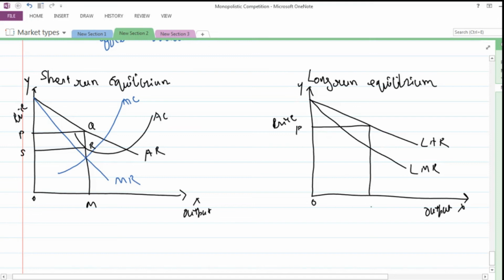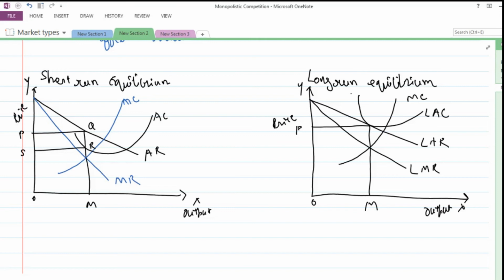The price is P, the quantity supplied is M. The marginal cost curve cuts the average revenue from below, from this point. This is the marginal cost curve. This is the long run average cost curve. So this is the short run equilibrium on the left side, and on the right side there is the long run equilibrium.